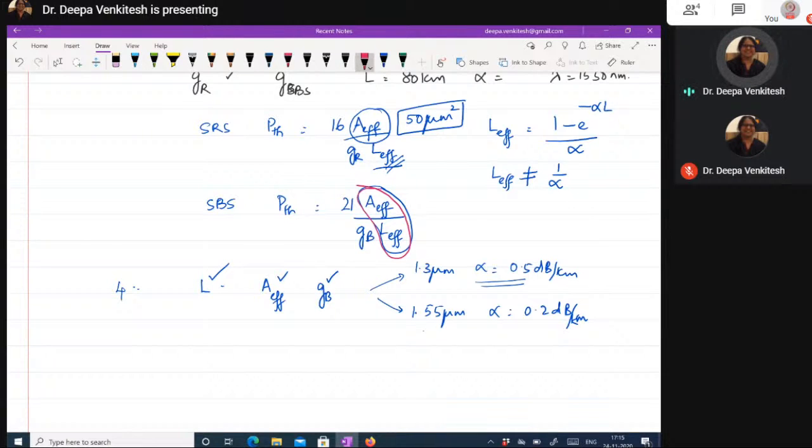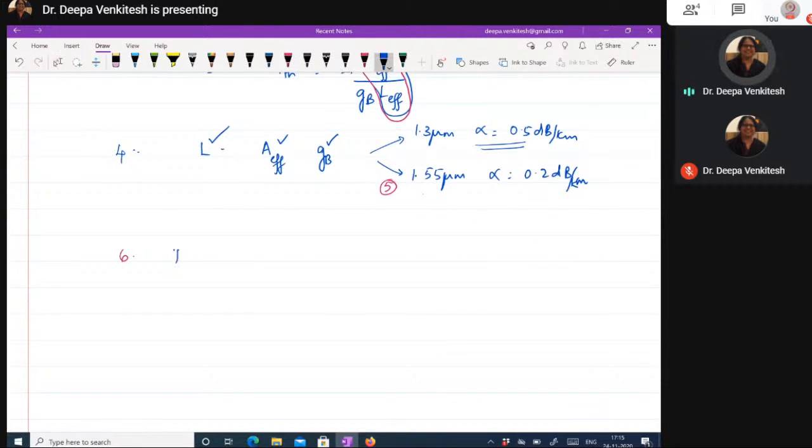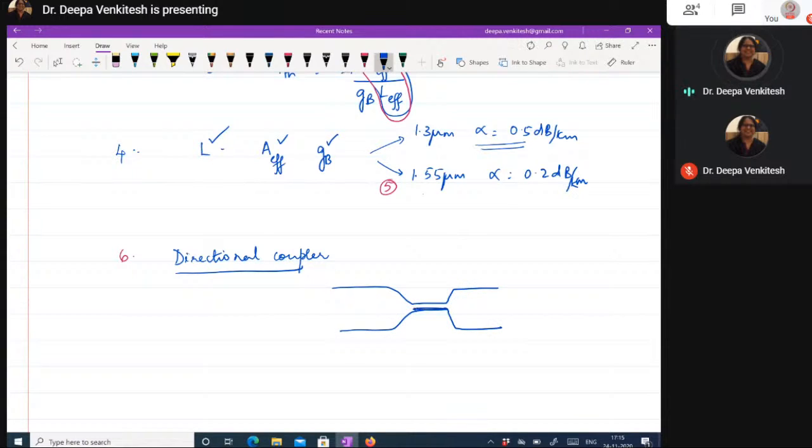Let's move on to the sixth question. This is about the coupler. Questions 4 and 5 were about different wavelengths. Now the sixth question is for a directional coupler design, and there were a couple of doubts regarding this question. We know that in a directional coupler you have two fibers which are very close to each other, fused together, and their cores are brought very close.